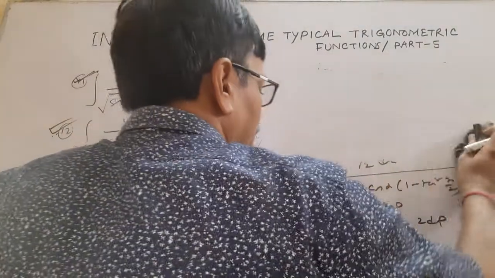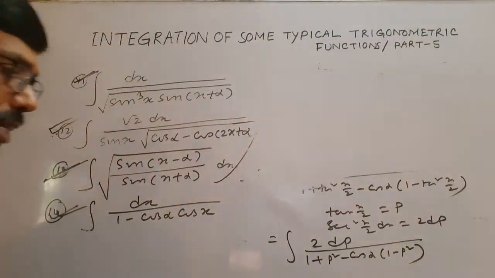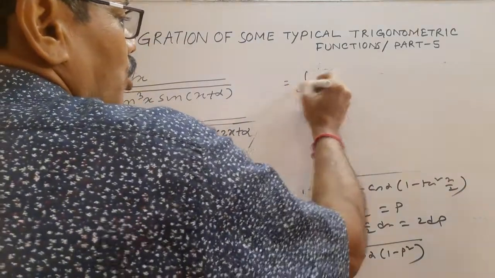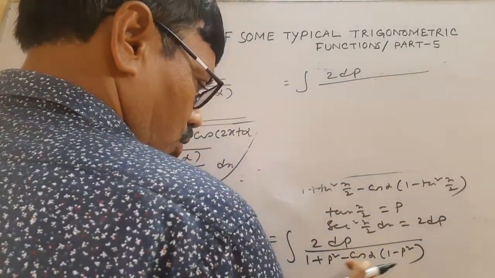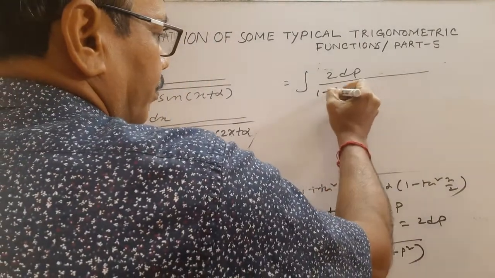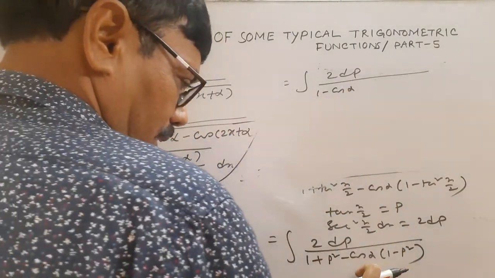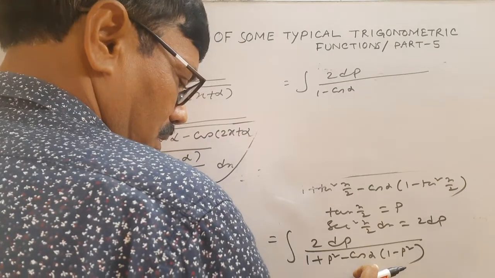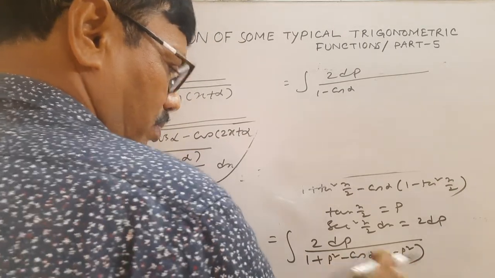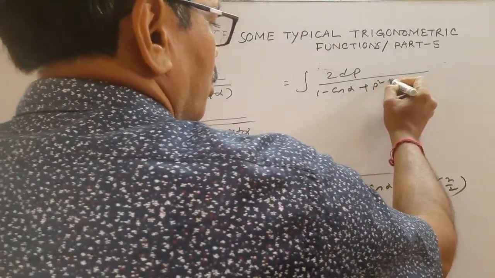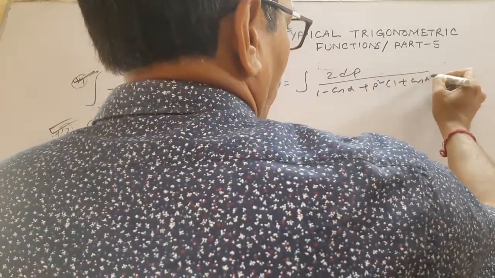Now the denominator is quadratic. So 2 dp by 1 minus cos alpha, this is p square, and p square into 1 plus cos alpha.